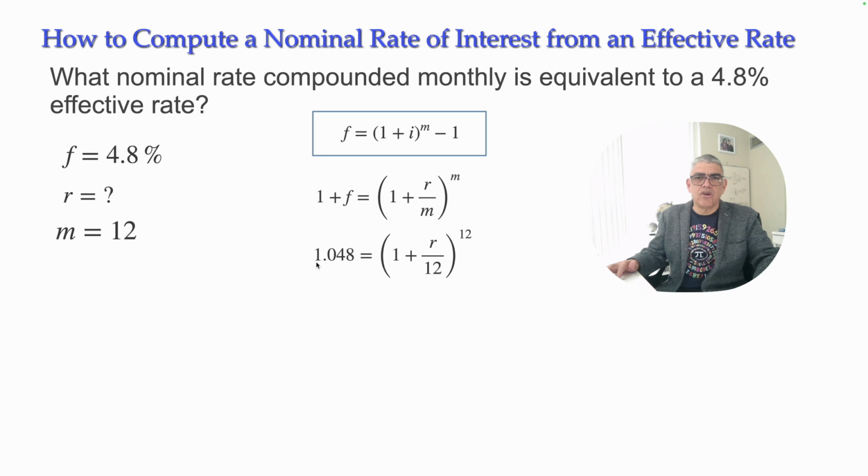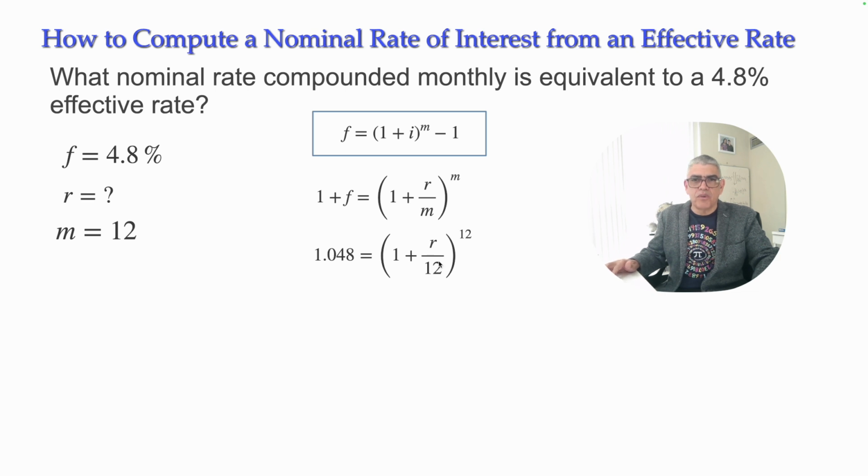So this will always be on this side 1.048, and on the other side, we have the nominal rate of interest divided by 12, because in this case M is 12. So we can solve this equation for R. And that's what we need to do, solve the equation for R.